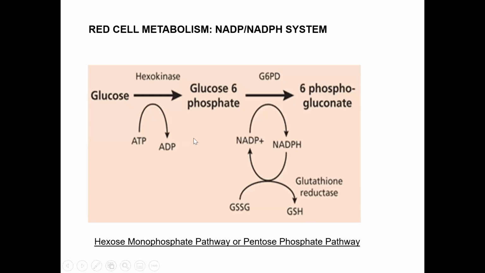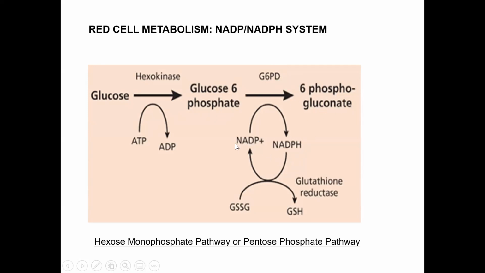You have your glucose molecule, which is phosphorylated by the hexokinase enzyme. Again, you get glucose 6-phosphate, and another enzyme, G6PD, glucose 6-phosphate dehydrogenase, breaks it down to 6-phosphogluconate.